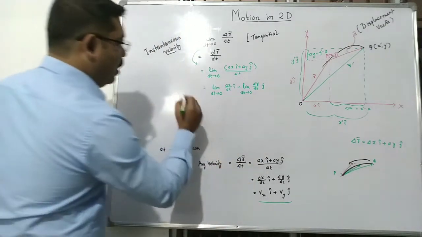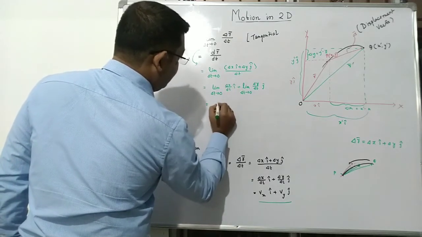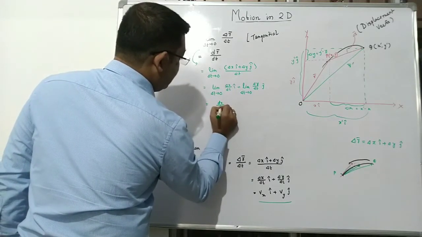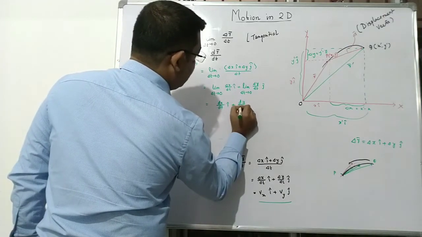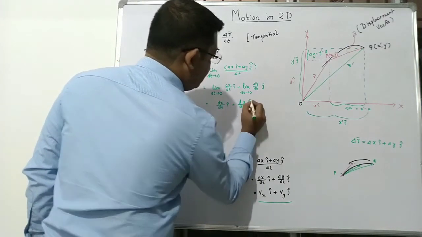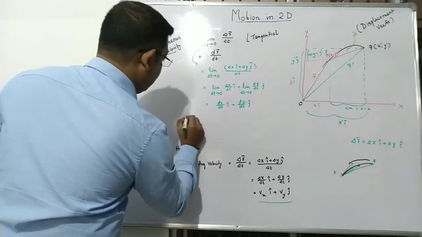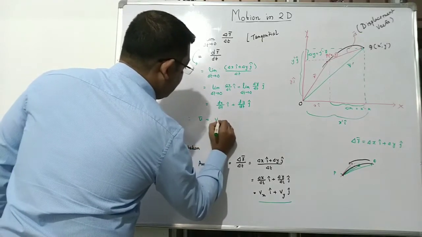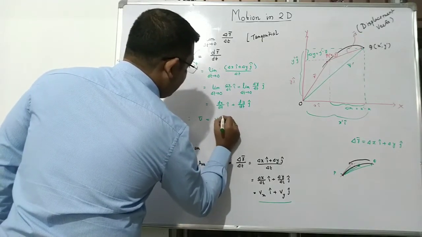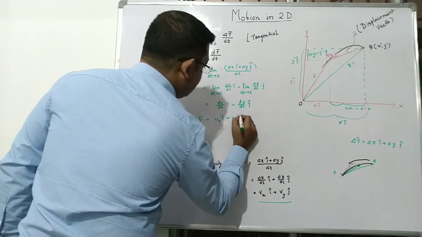In other words, we have dx by dt i cap plus dy by dt j cap. Therefore, the instantaneous velocity is given by Vx i cap plus Vy j cap.